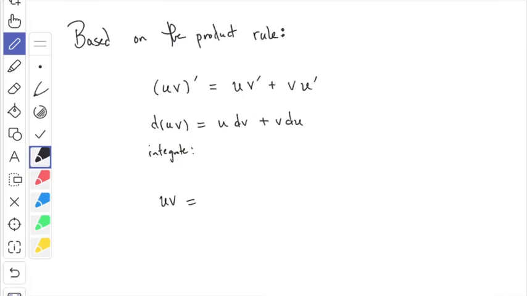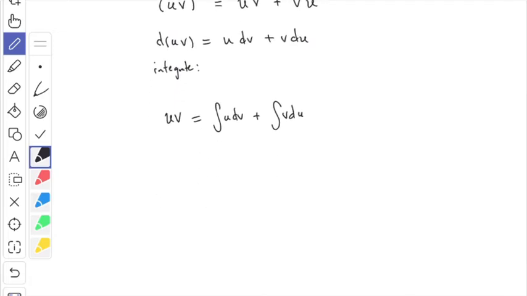On the right-hand side, what I get is integral u dv plus integral v du. And this is basically the integration by parts formula, although we usually solve it for integral u dv. So if I solve this for integral u dv, it says uv minus integral v du.